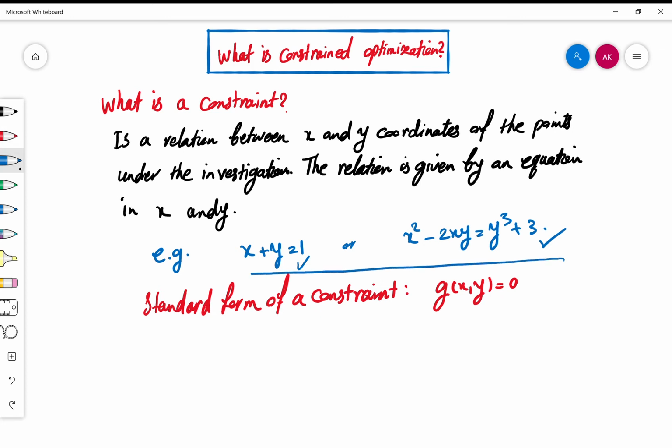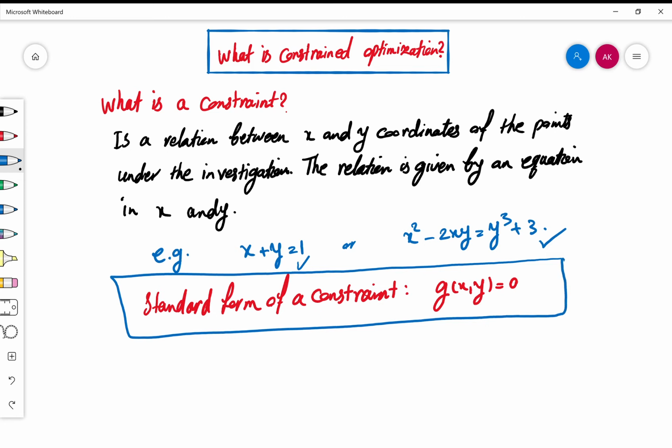So every single equation in x and y can be written like that.